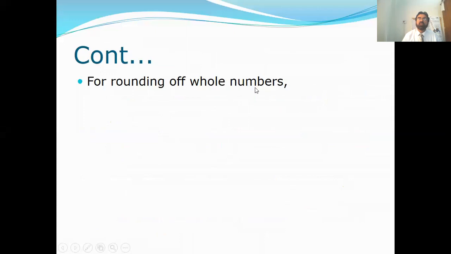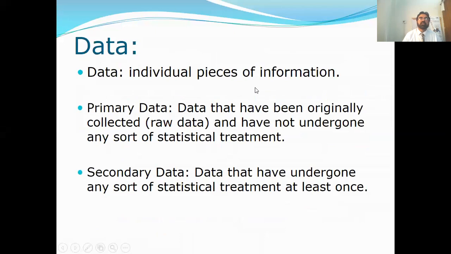For rounding off whole numbers, we will be doing some that is given in the exercise, so we'll be doing it later on. Primary data are individual pieces of information that have been originally collected, raw data, and have not undergone any sort of statistical treatment.